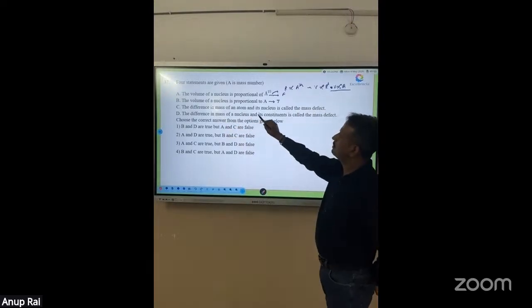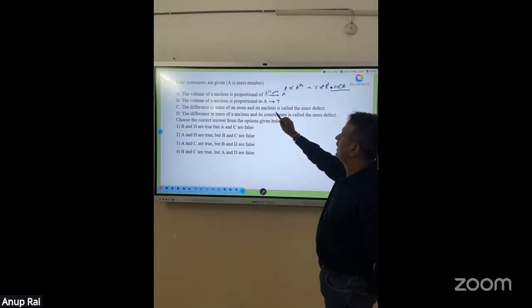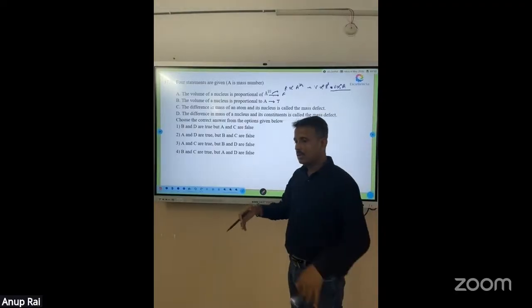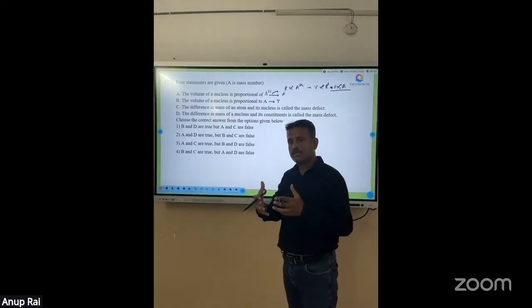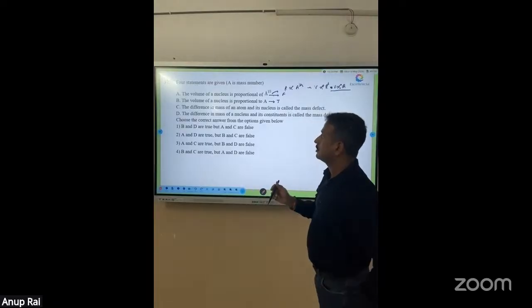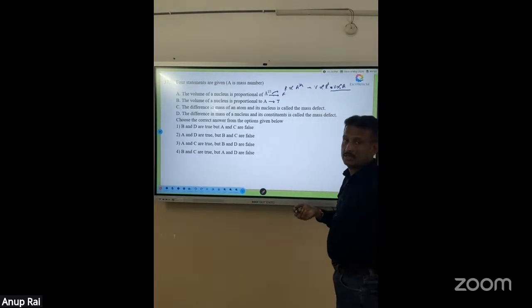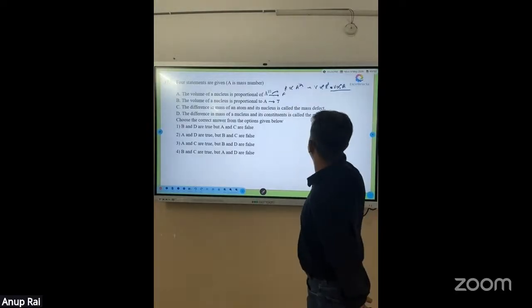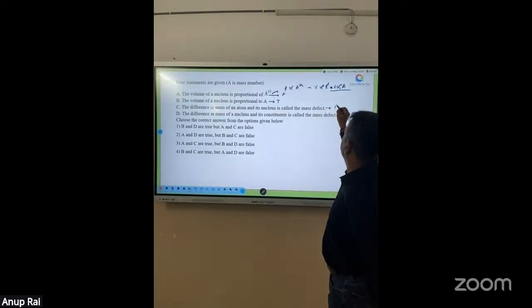See, the difference in mass of an atom and its nucleus is called the mass defect. No, the difference in mass of the constituents of the nucleus and the mass of the nucleus is called mass defect. It's not that you just remove the mass of the electron. So this statement is false. This is not true.